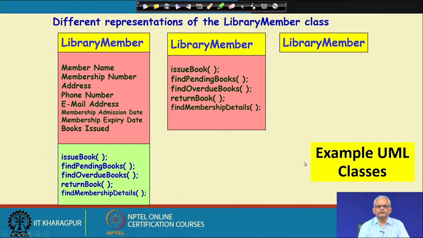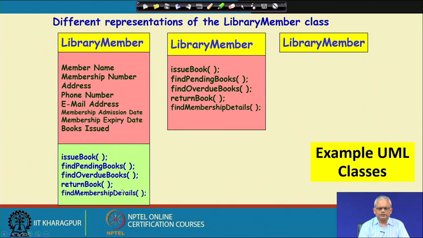As we were saying, the same class can be represented with different details. We might just represent the class name, sometimes the class name along with the operations on that class, or the class name along with the attributes and the operations.